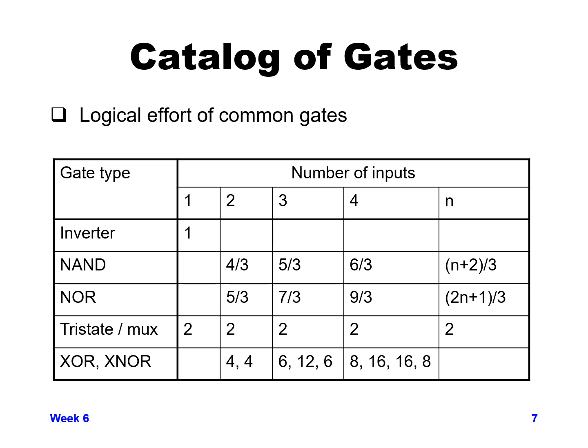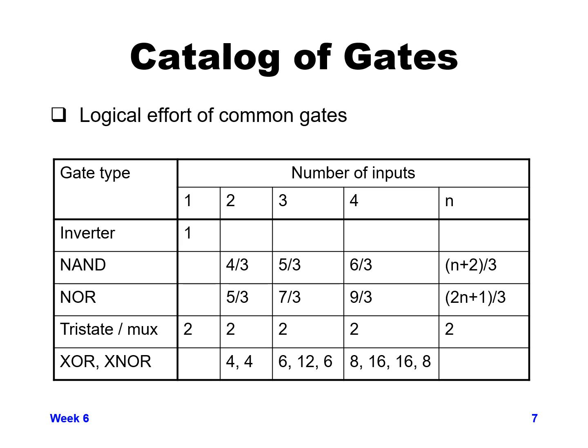So now that we've gone through several examples of calculating logical effort, the table below gives basically more generalized values for the logical effort of several different common gates that you'll encounter depending on the type of logic: inverter, NAND, NOR, tri-state or MUX structures, and XOR, XNOR structures.